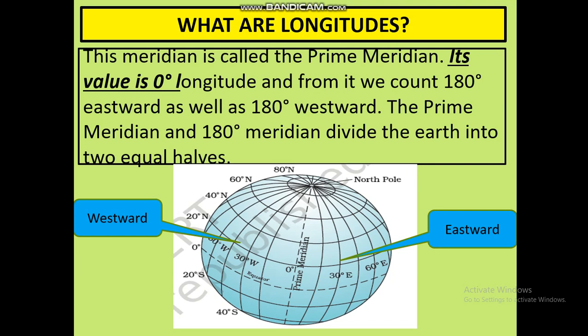And we count from here towards west, there are a total of 180 longitudes, and towards east there are again 180 longitudes, meaning a total of 180 plus 180, 360 meridians of longitude. And this prime meridian divides our earth into two equal halves. This is westward and this is eastward.